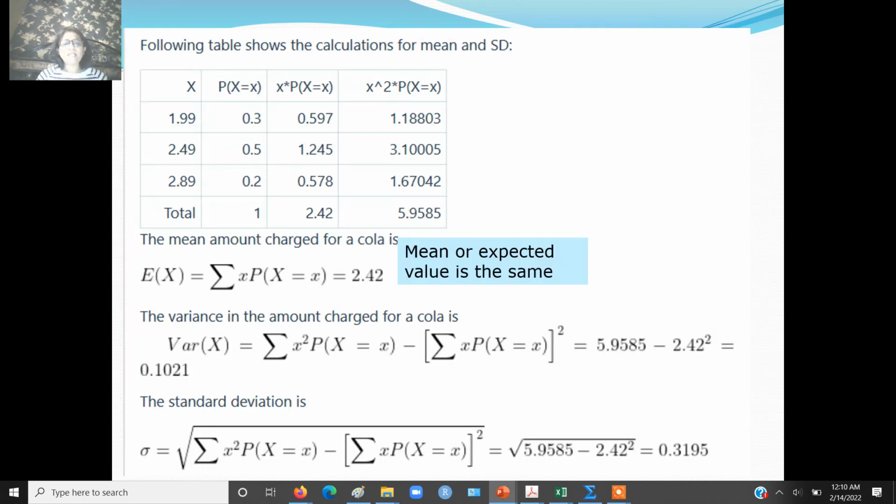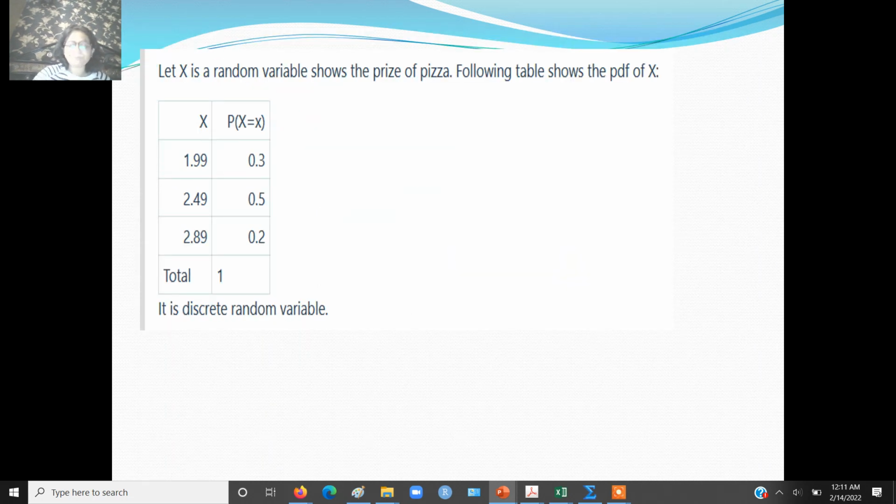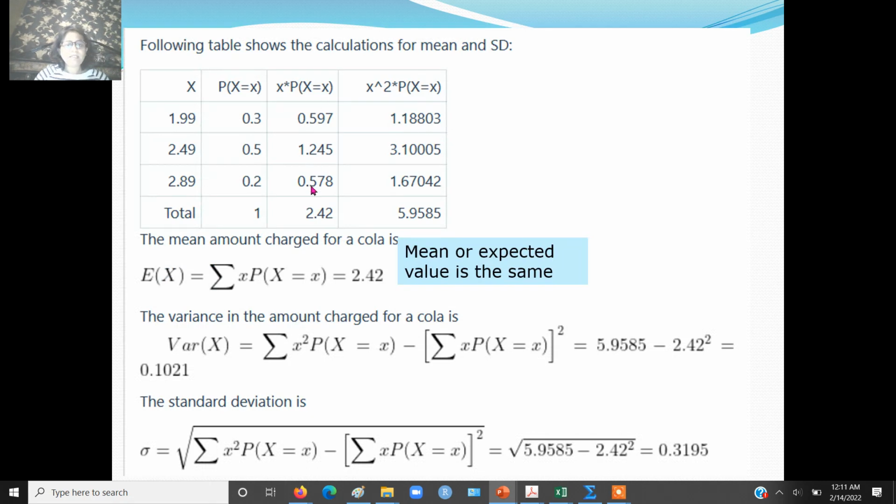Now if we have to calculate mean or the expected value, as I told you that the mean or expected value is the sum of x times p(x), so we have the values of x, we have the probabilities, we will simply multiply 1.99 by 0.3 to get the first outcome in this column. Similarly, we can construct the entire column and add it to get the value of mean.